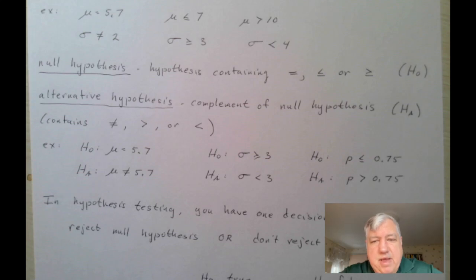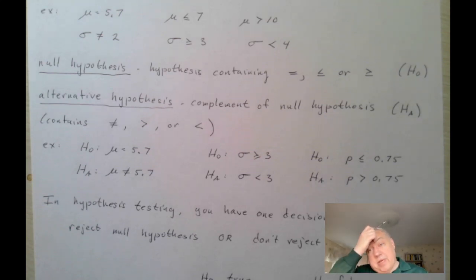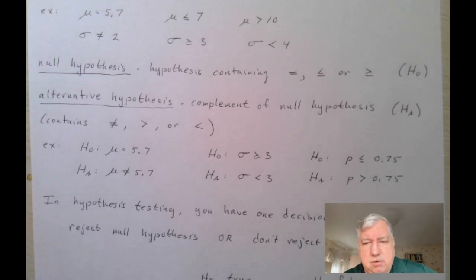So it has to have either an equal sign, less than or equal sign, or greater than or equal sign. And we denote the null hypothesis H0. And we call this null because we're going to start with that. We start assuming that it's true, and then we're going to decide, well, is this true or not? Or can we reject it or not?